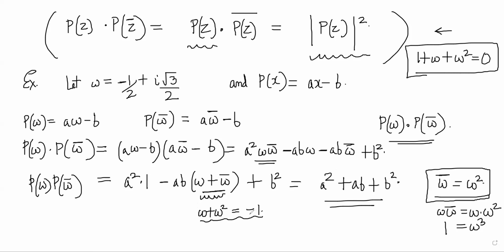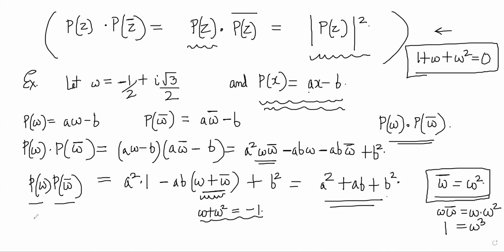This is a result that will come in handy later. Right now, just keep in mind, we had a linear polynomial like this, and we took the product of p(w) and p(w) conjugate, and what we got was a square plus ab plus b square, which is like saying mod of p(w) whole square. How?